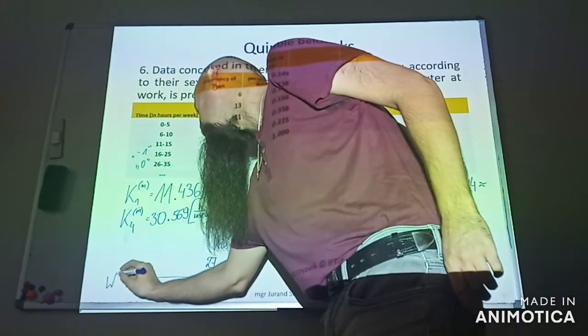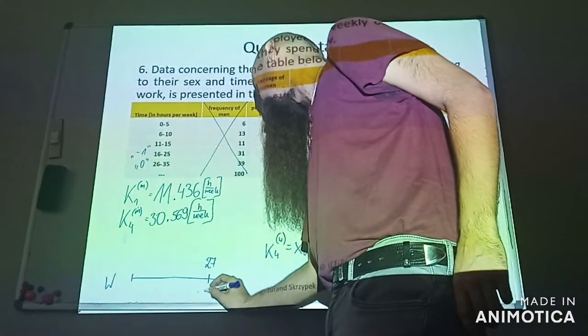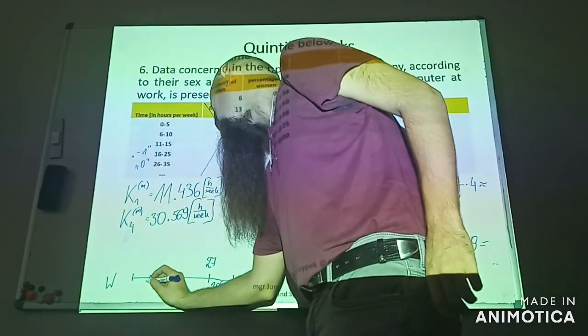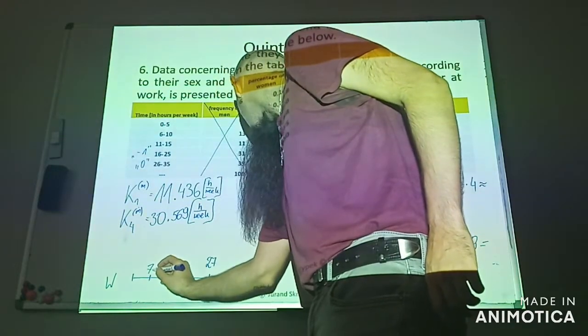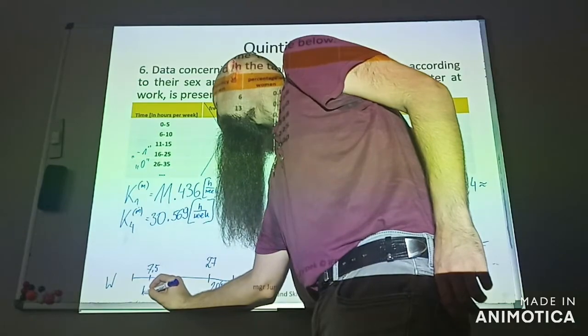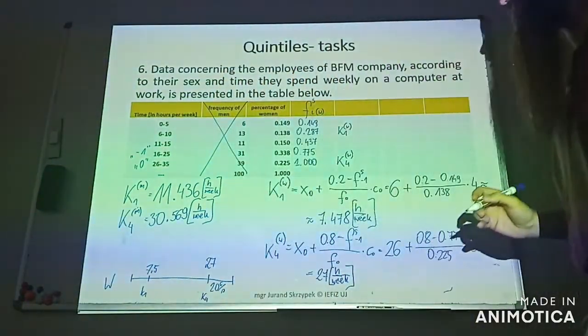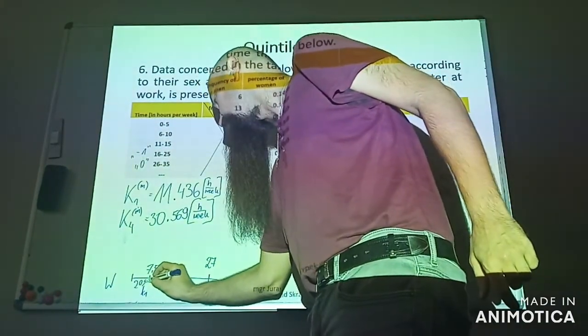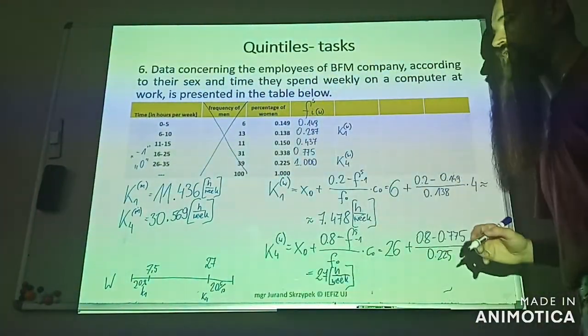Okay, so this is for women, the fourth quintile, and the first quintile is about 7.5. Here we have the first and the last 20% of the population.